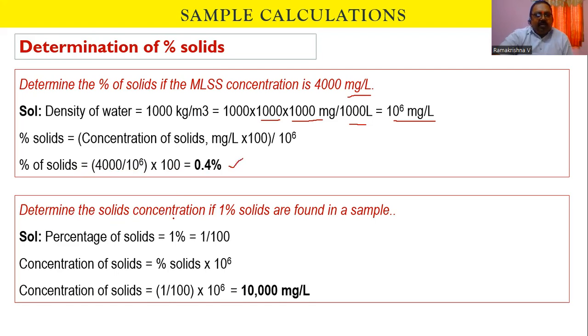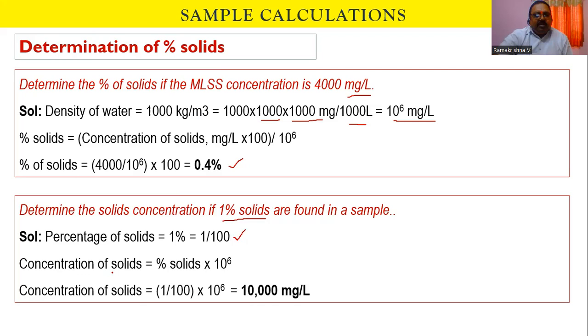Similarly, determine the solids concentration if 1% solids are found in a sample. Sometimes the solids concentration is expressed as 1 percent or 2 percent, 0.1 percent. That should be converted back into milligram per liter. How are you going to do that? Percentage of solids is equal to 1%, which is 1 by 100.